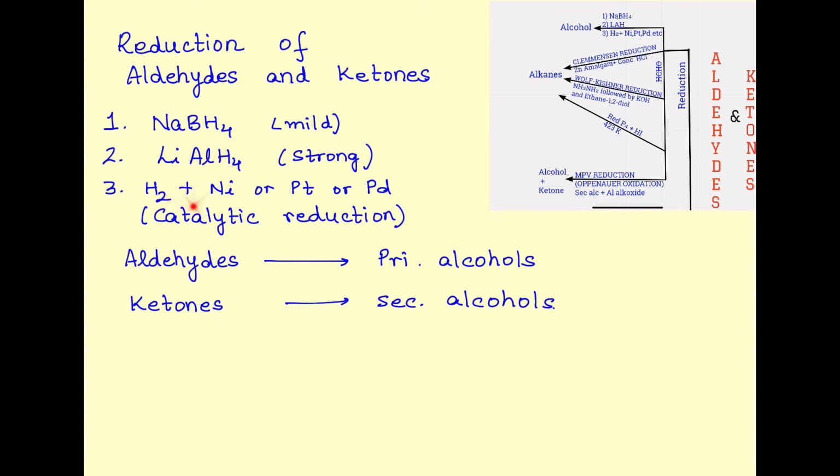There can also be catalytic reduction possible using hydrogen gas in the presence of nickel or platinum or palladium. Aldehydes are reduced to primary alcohols and ketones are reduced to secondary alcohols. Remember, we have done these reactions as part of the preparation of alcohols.